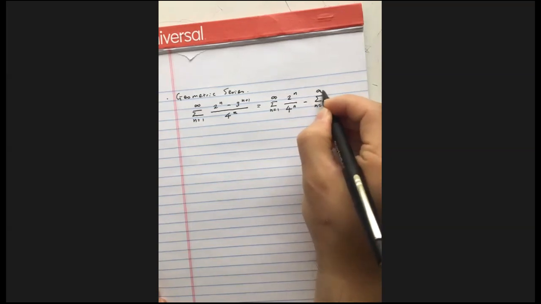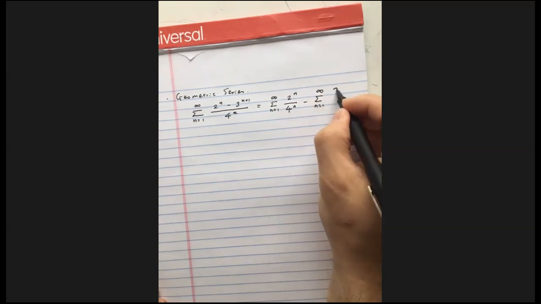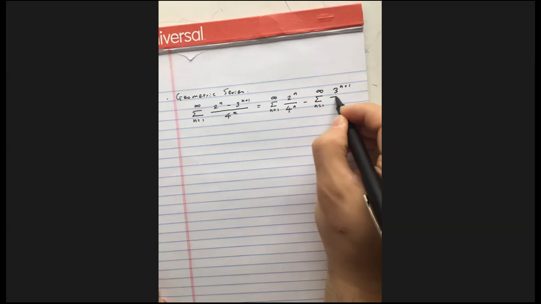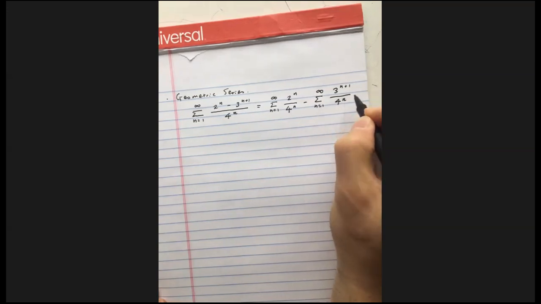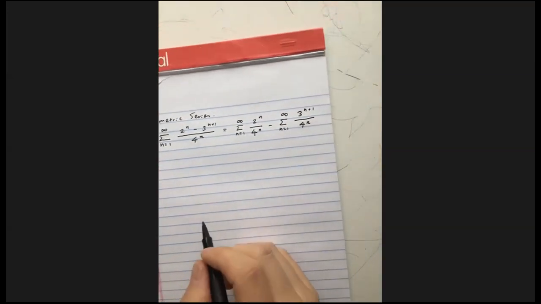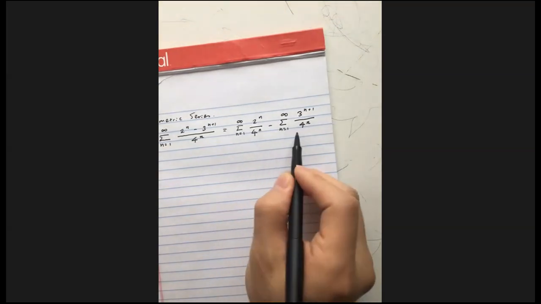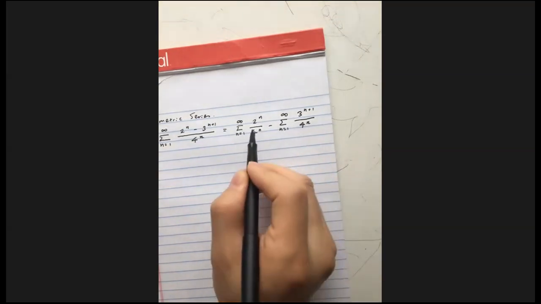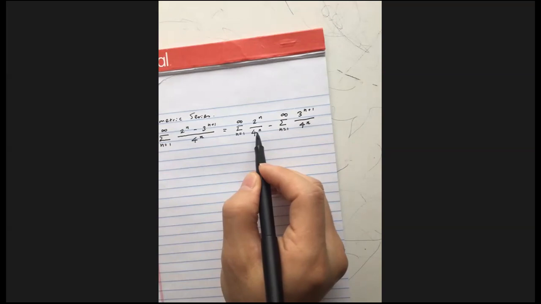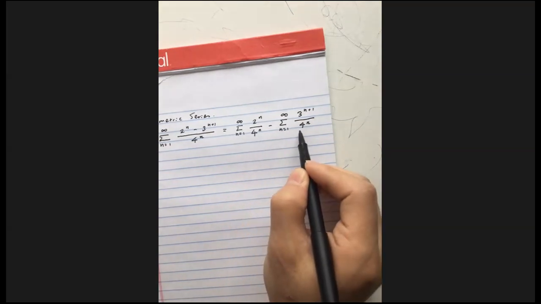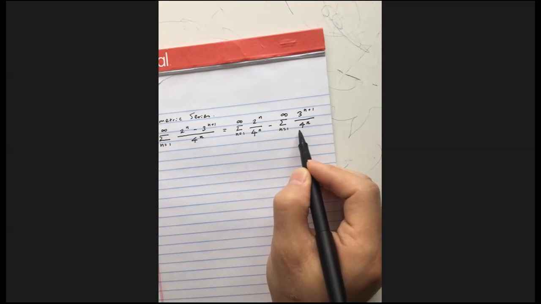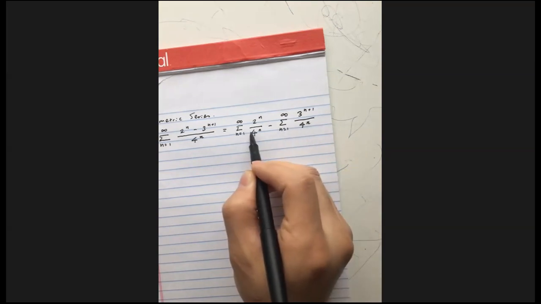The right way to do this is by splitting it into these 2 pieces. You can see almost immediately that these are 2 different geometric series, because for the first one, the ratio R is 2 over 4, whereas for the second geometric series, the ratio R is 3/4, which is different from the first one.